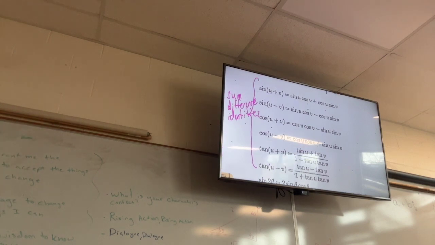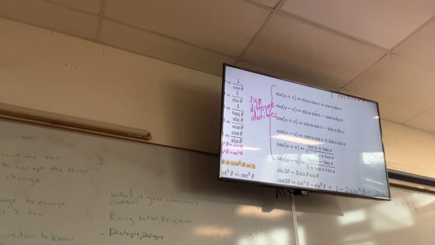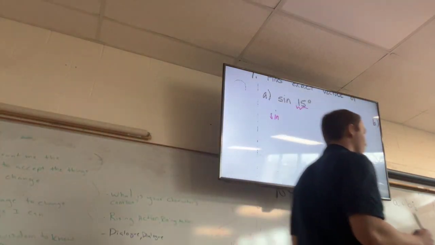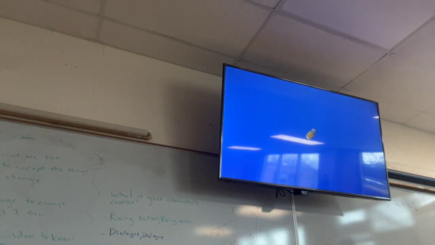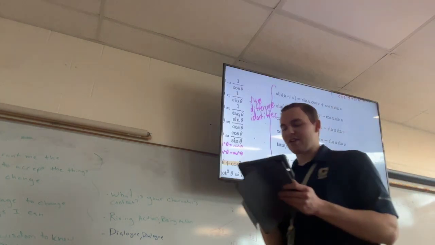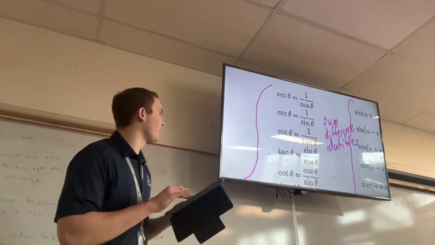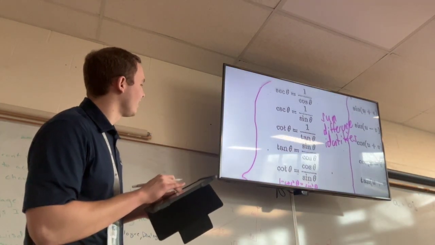You can split screen the identity sheet and the other one at the same time. Awesome. Which button do I use? What are the first identities called? You can call them the reciprocal identities, if you want to.